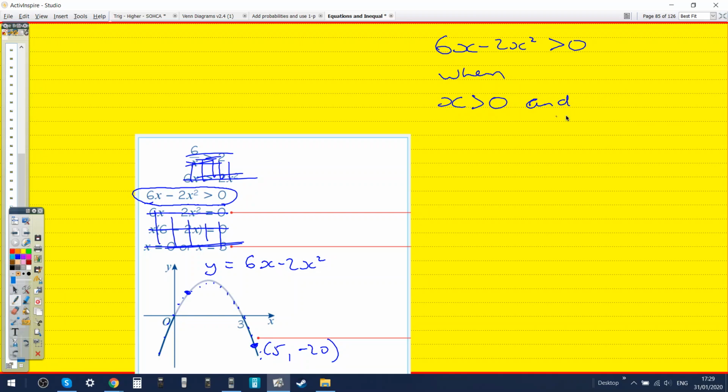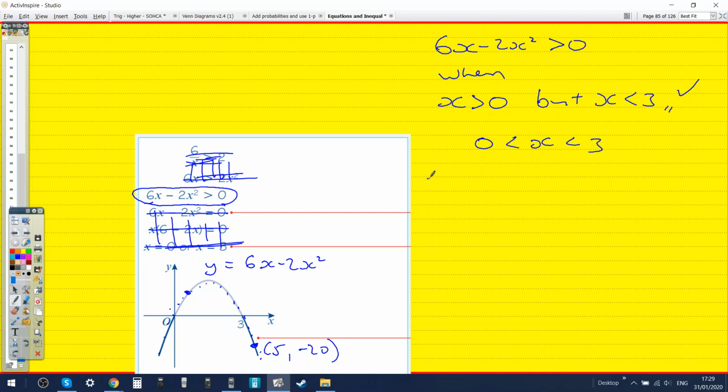Alright, great, perfect. X is less than 3. That's it. So fully correct, and someone else might write it like that, which just means when x is between 0 and 3. Here, this is where it's bigger than 0. It's when x is between 0 and 3. That bit up there. That's all there is to it.